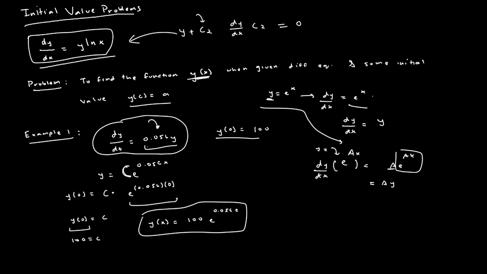And once you find the class of functions, or the function, that would lead to the derivative we're given, you then use the information that we have of the initial value, and you hone in on the exact function that satisfies both conditions, the initial value and the differential equation.